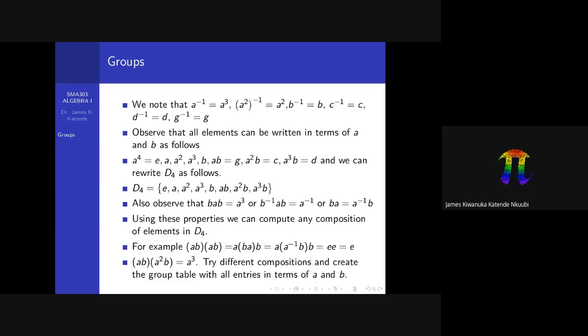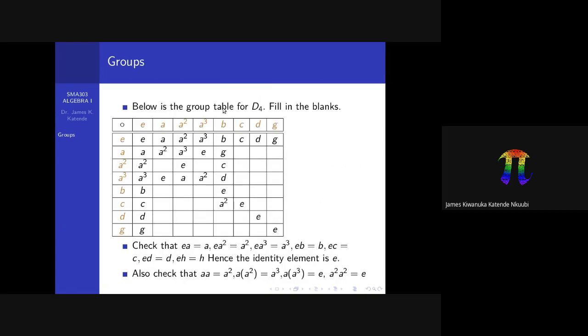So the other things we can note are the following. The inverse of A is just A cubed. If you go back to the table, if you get A and A cubed, you get the identity. So the inverse of A is just this A cubed.